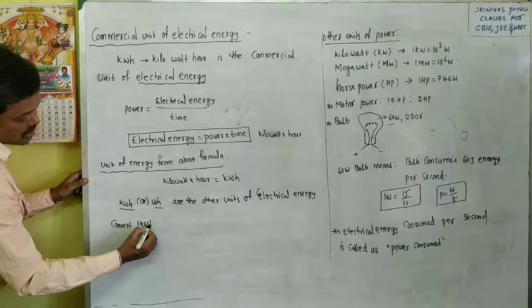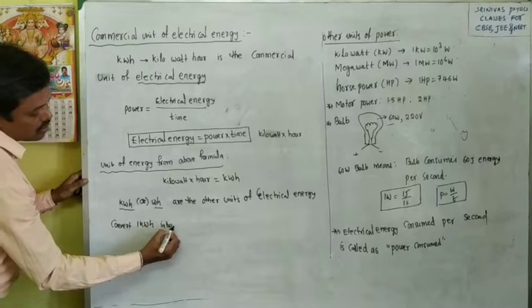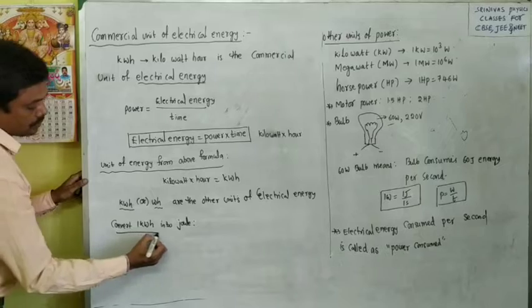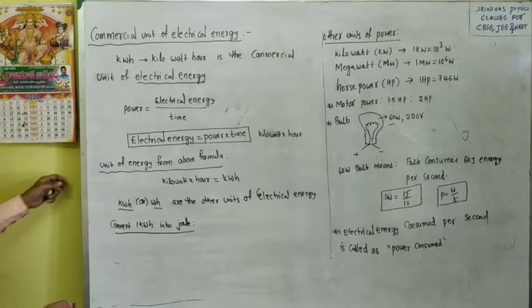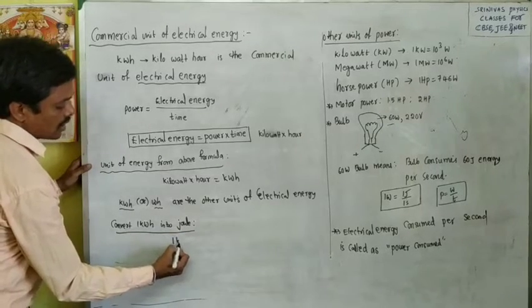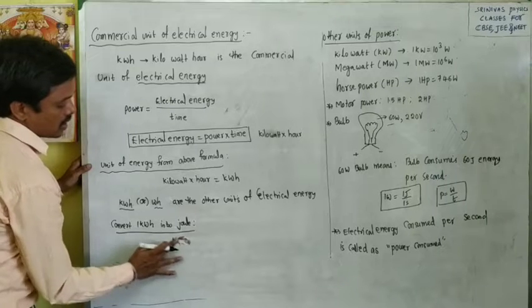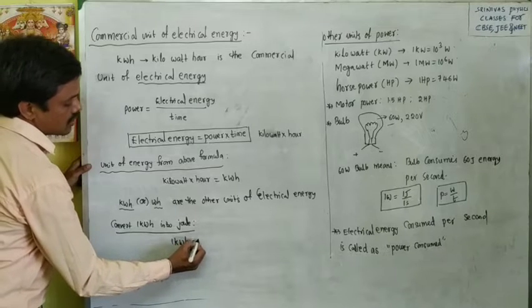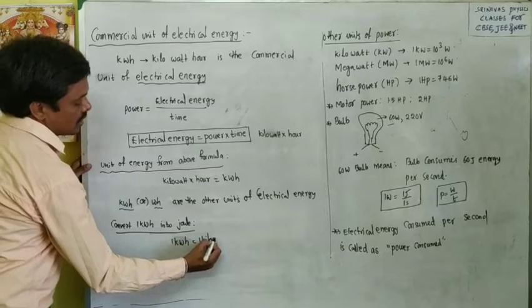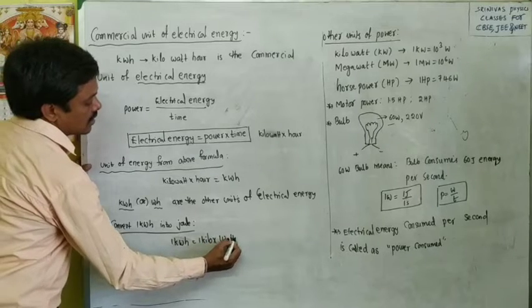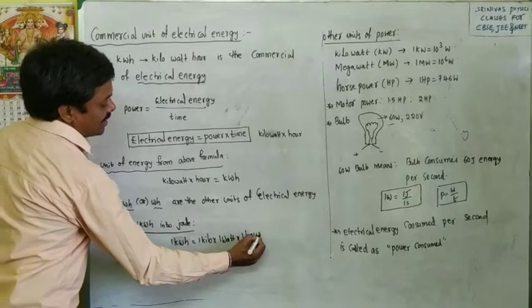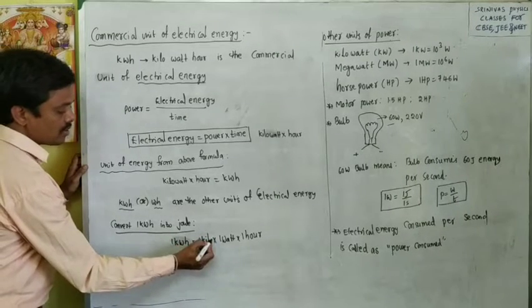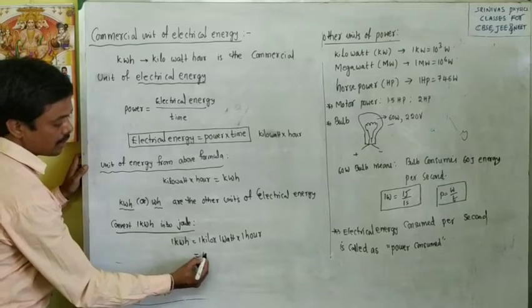Joule is the unit, and we want to convert kilowatt hour to joule. 1 kilowatt hour is equal to 1 kilo into 1 watt into 1 hour. 1 kilo we write as 1000, 10 power 3.